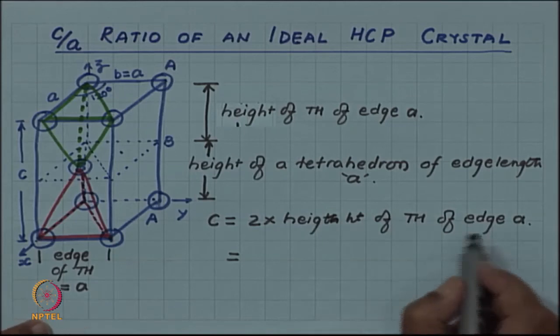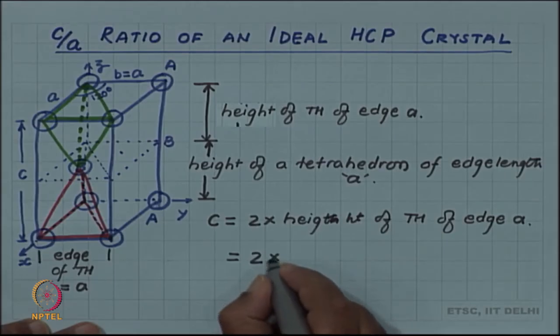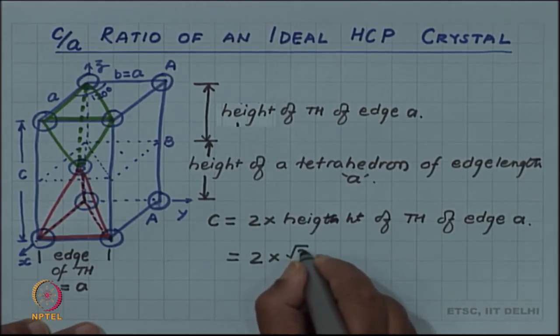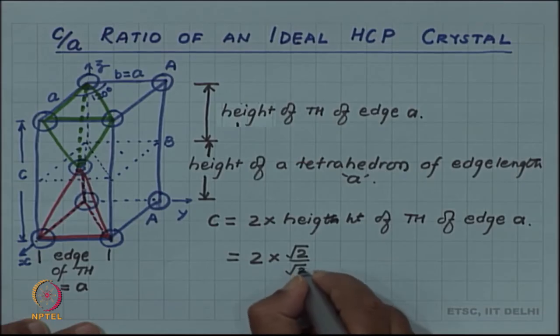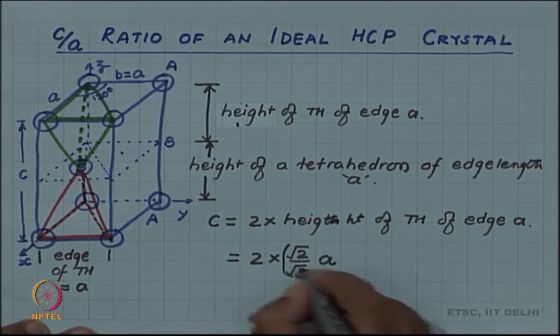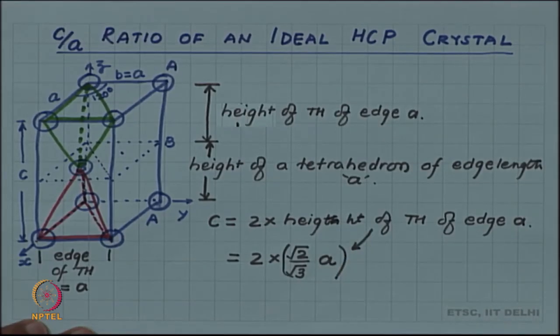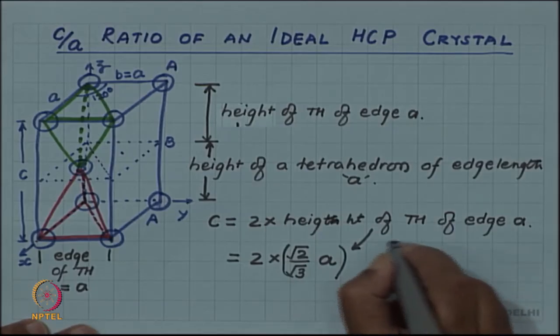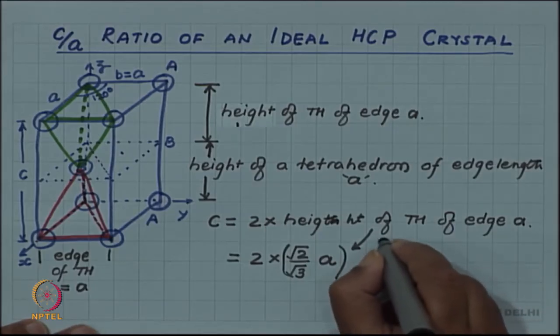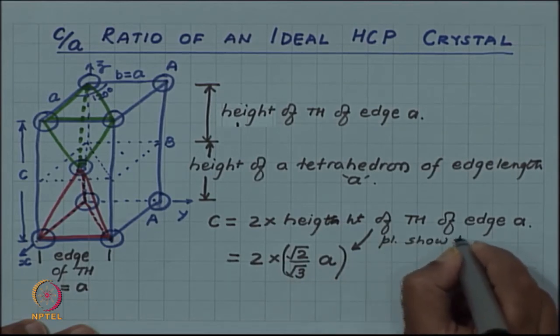If you try to work out what is the height of a tetrahedron of edge length A, you will find that this comes out to be root 2 by root 3 A. So, this root 2 by root 3 A is the height of this tetrahedron. I am leaving this as an exercise for you. Please show this.